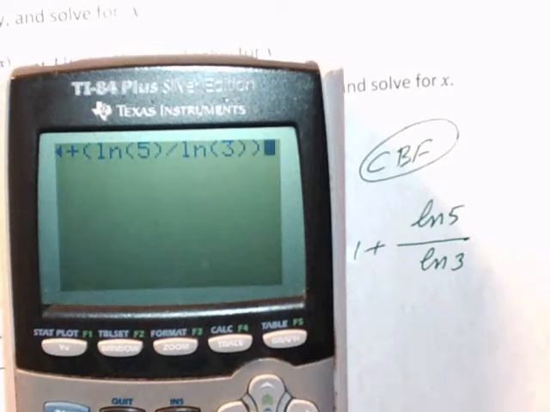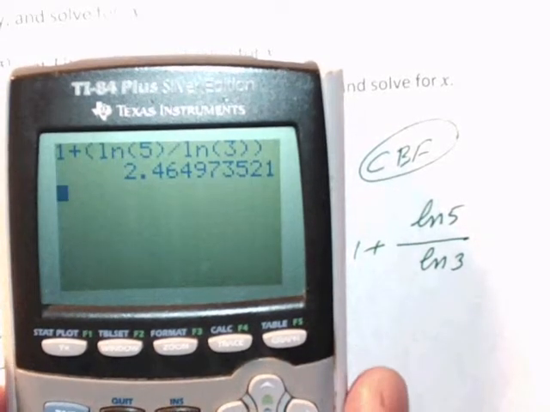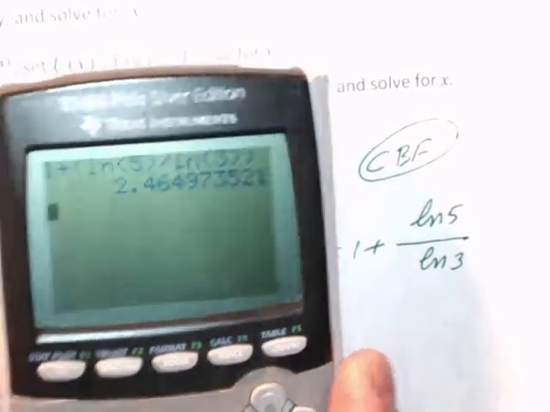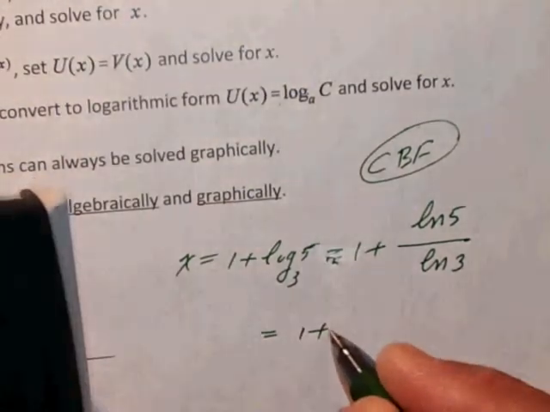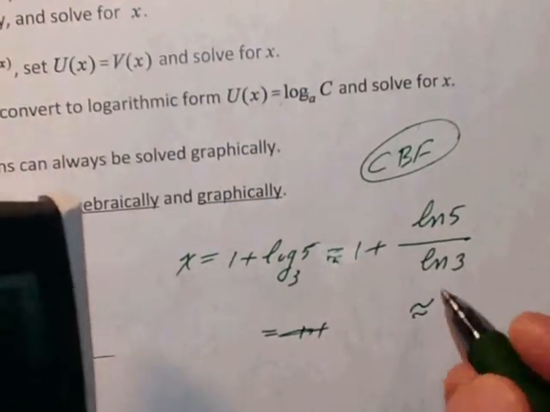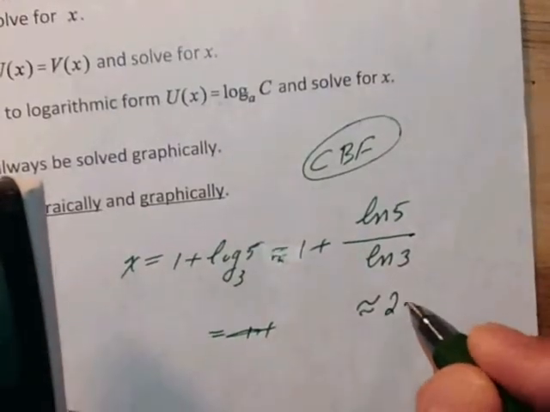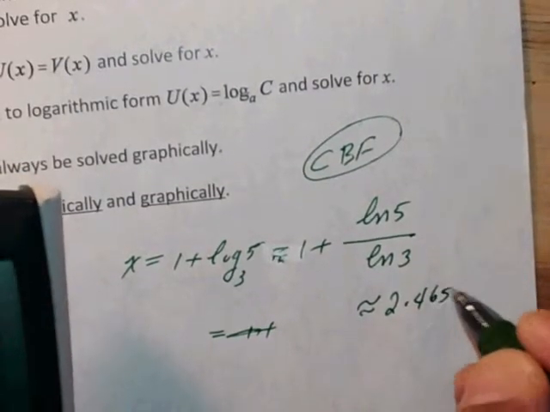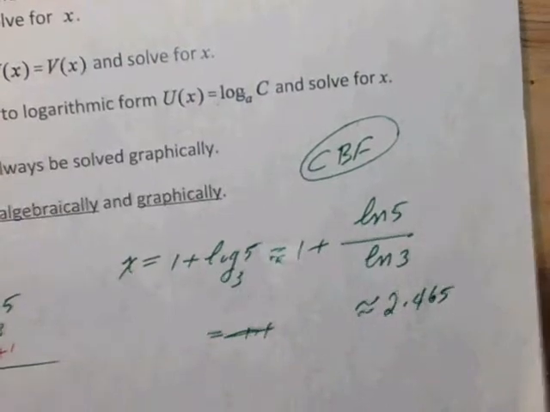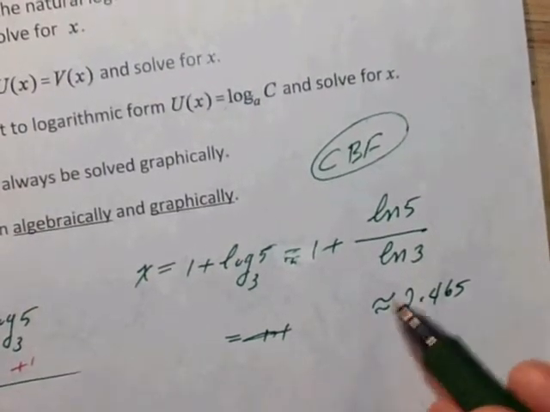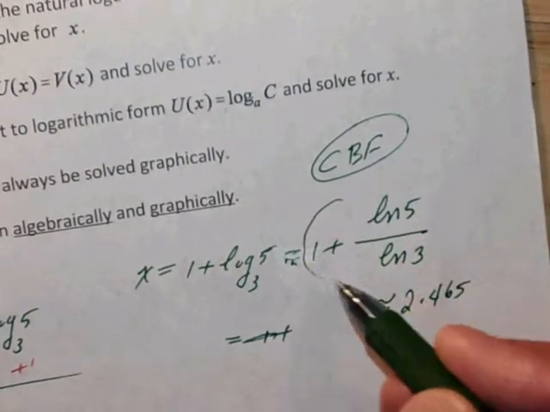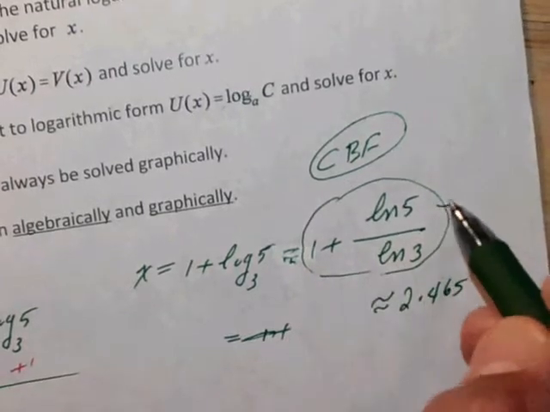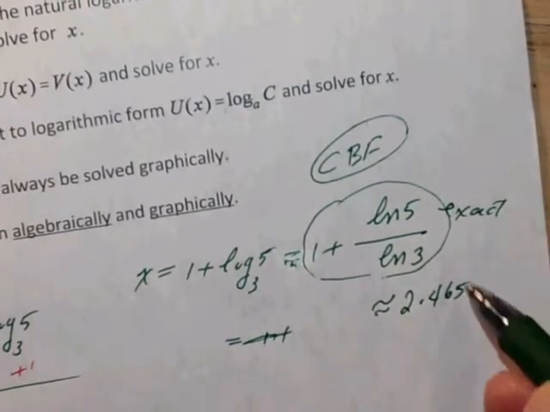You get about 2.465. So x is approximately 2.465. This is an exact value, and this is an approximation.